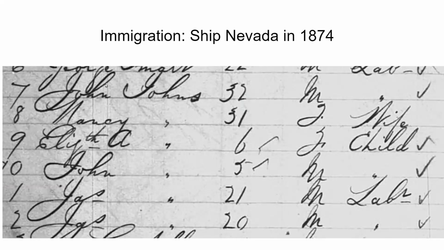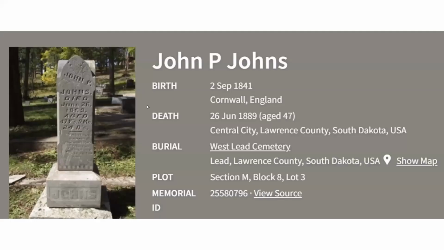So if we want to track Johns, the odds are pretty good that these 2 Jameses are from the same place John's from. That's family. So we find his tombstone, 1841 in Cornwall, England. That's consistent with Elizabeth. Died in 1889, which is why Anne's a widow.